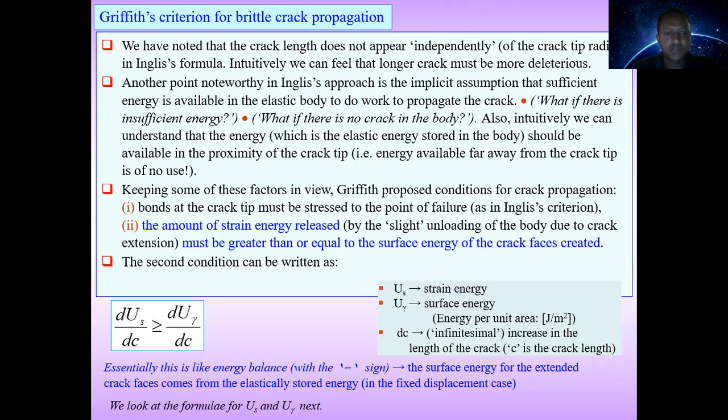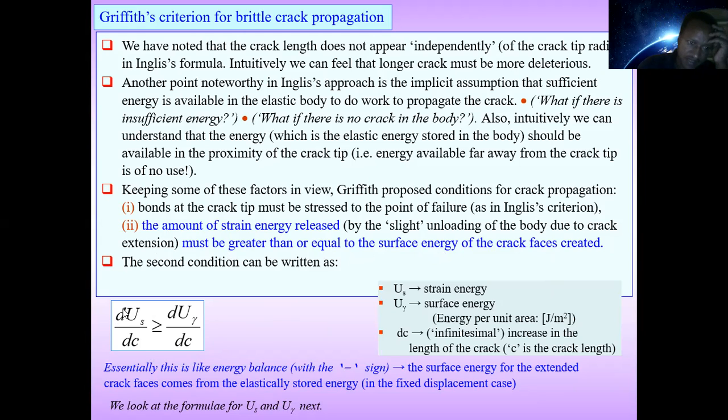The first one is that the bonds at the crack tip must be stressed to the point of failure, as in Inglis's criteria. The second condition: the amount of strain energy released by the slight unloading of the body due to crack extension must be greater than or equal to the surface energy of the crack face created.